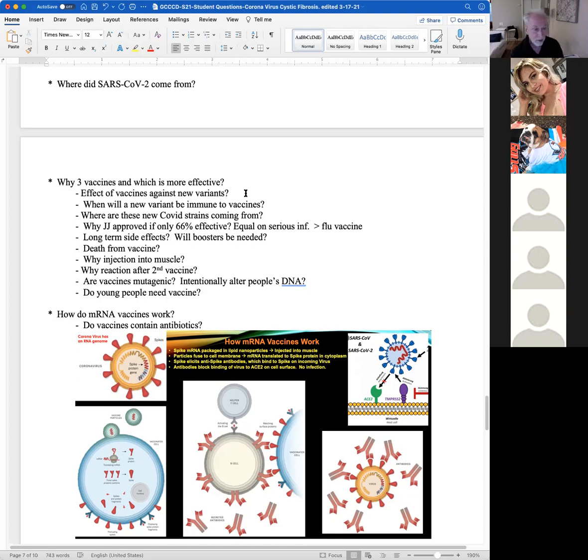Where are the new COVID strains coming from? Well, I've just said so. They're coming from mutations, and the mutations occur because of copying errors. There has been some reporting in the media that the Johnson & Johnson vaccine is less effective than the others. That's not really true, because there are so many variables here that you can't compare the different data sets directly.